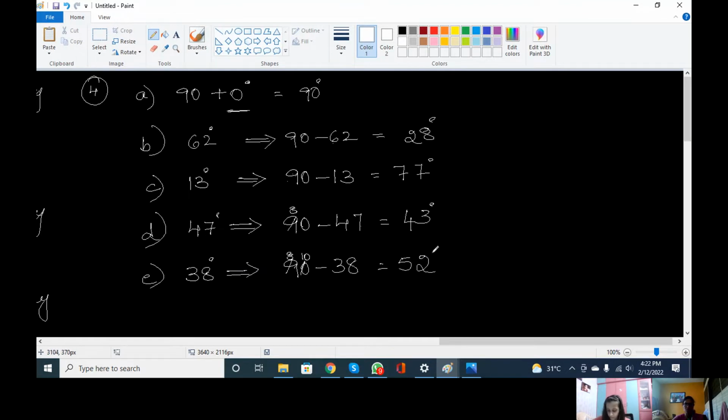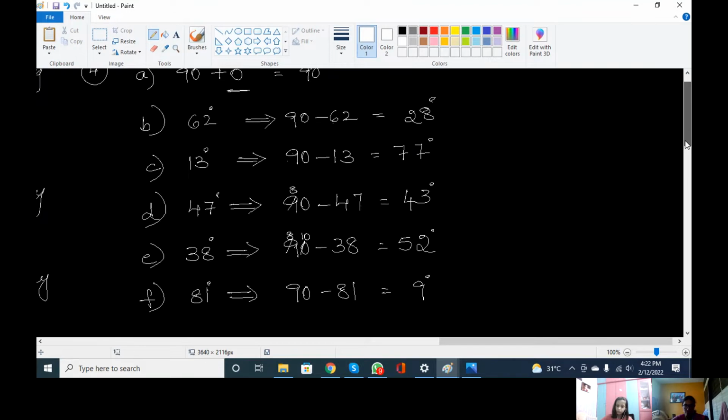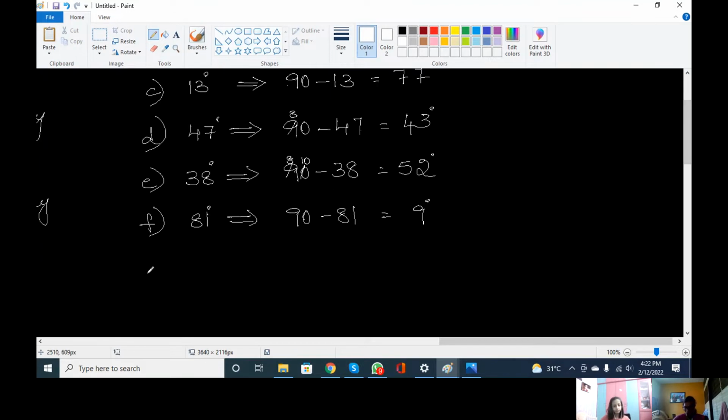Very good, 52 degrees. F, 81 degrees. So 90 minus 81 is just 9 degrees. 9 degrees is the complementary of 81.